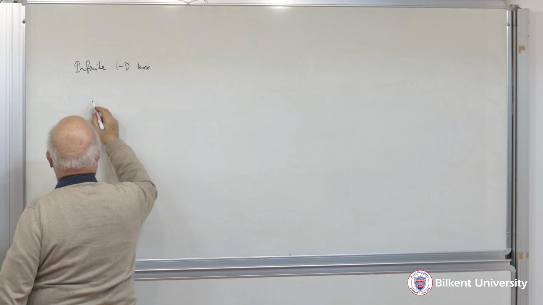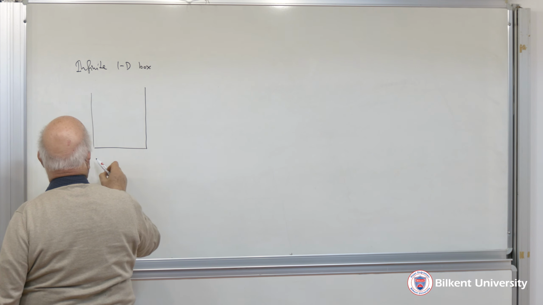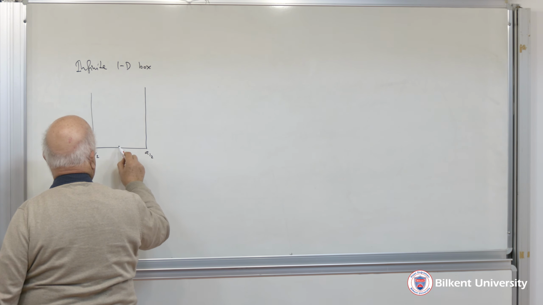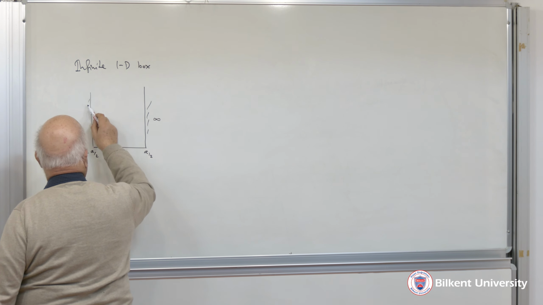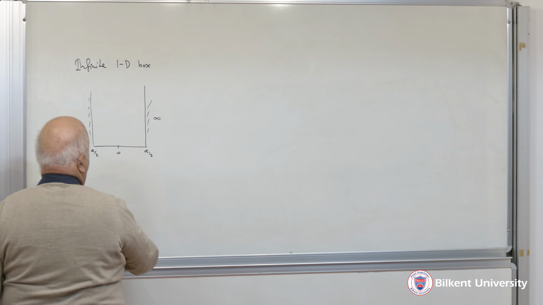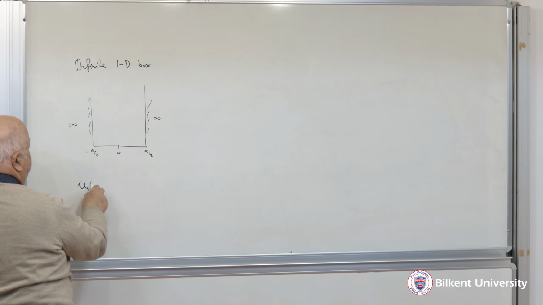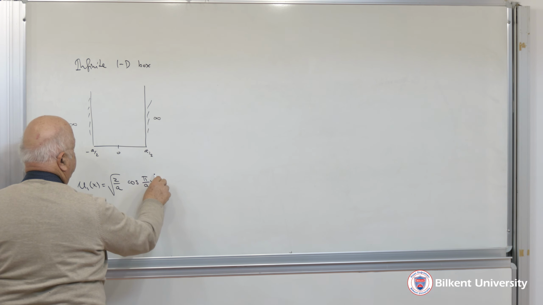So again, if I just take something like this, which extends from minus a over 2 to a over 2, and infinite potential over there and over there, I know what the ground state wave function is. u1(x) is going to be square root of 2 over a cosine of 1 pi over a x, right?